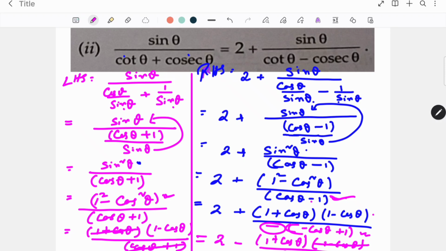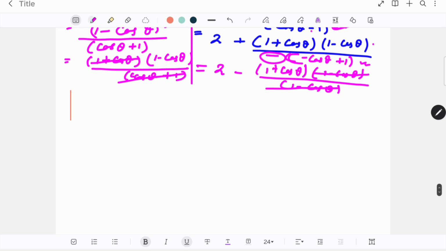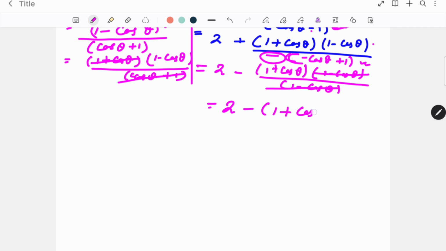So what is remaining here? This one is 2 minus 1 plus cos theta. To split, we will get 1 minus, and this plus will become minus cos theta. 2 minus 1 will be 1 minus cos theta.